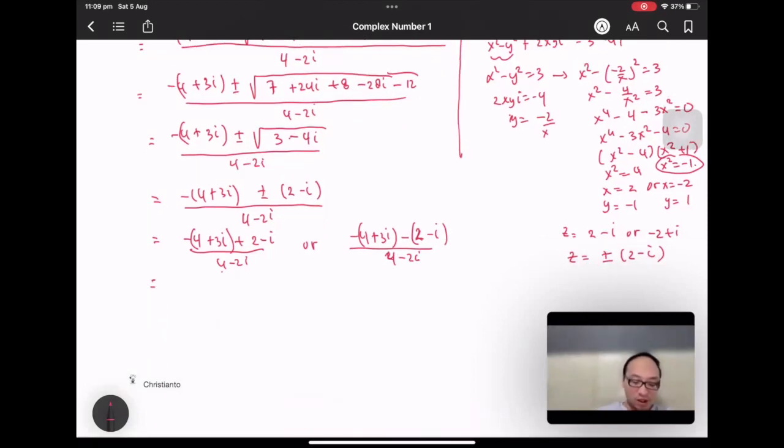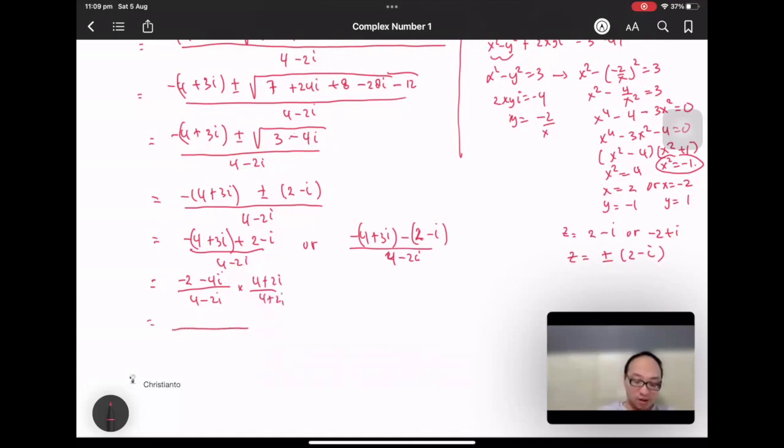For the first, we have negative 4 plus 3i plus 2 minus i over 4 minus 2i. Negative 4 plus 2 is negative 2. 3i minus i is 2i. Hmm, over 4 minus 2i. So we multiply with the conjugate, 4 plus 2i.